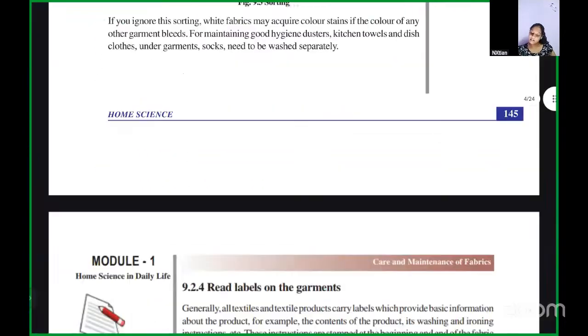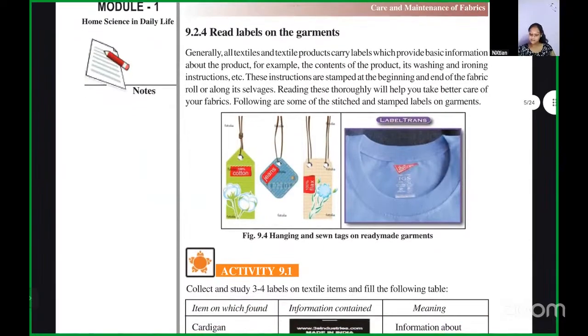Then read labels on the garments. It's very important that we read the labels, because it's usually mentioned there.